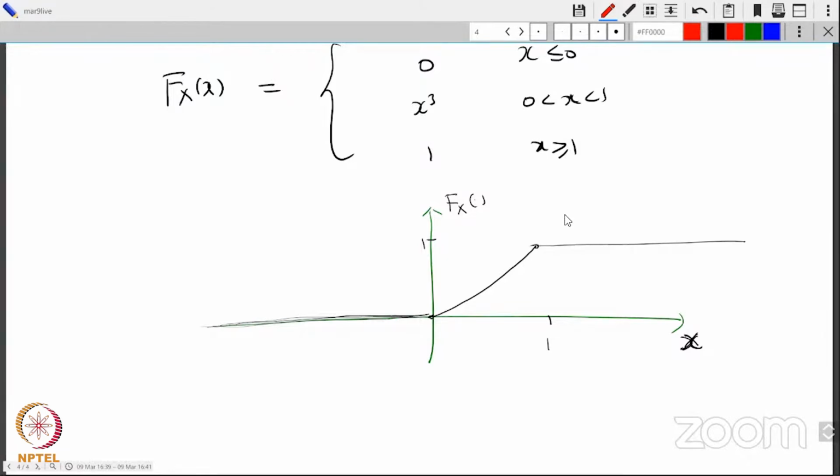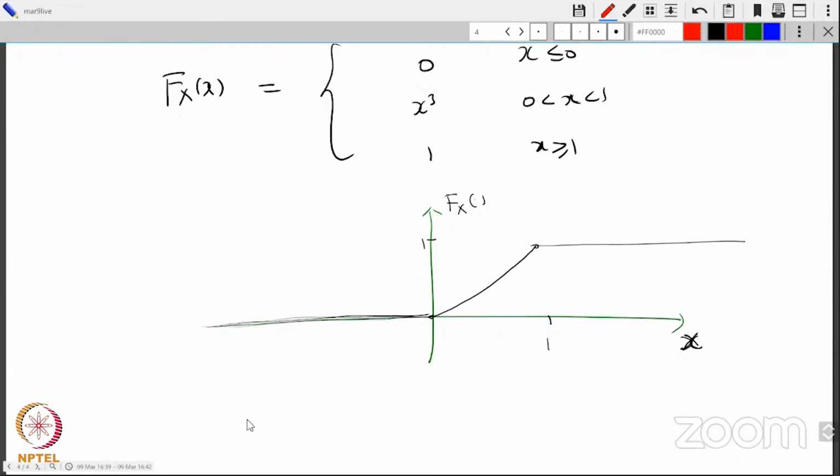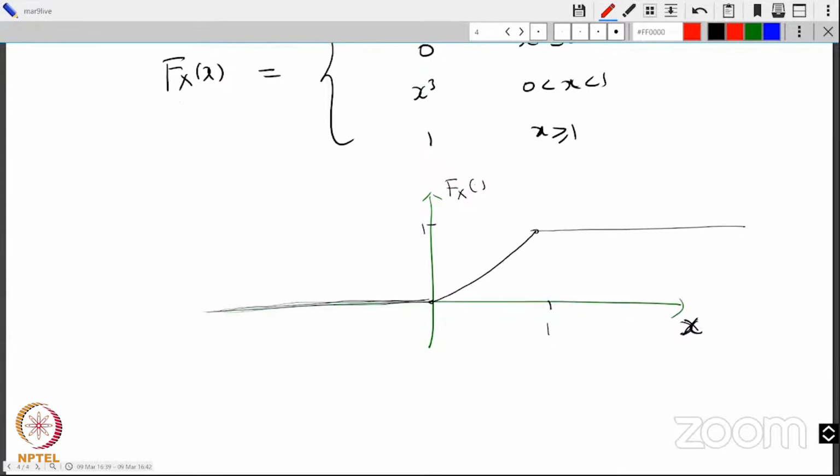Any simple property you notice? Okay, let me see. The first property is that it's always going up, it keeps going up. So the first property you notice is that F is increasing. So F sub X is increasing, at least it's non-decreasing.